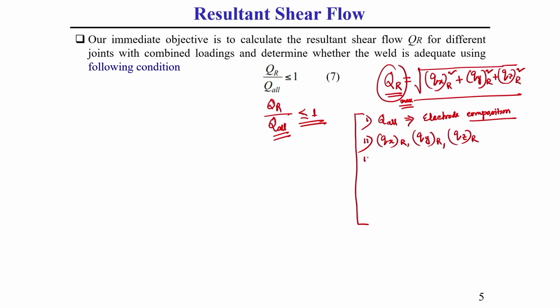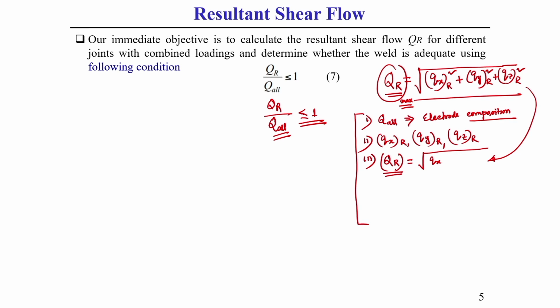Then the third point is you need to find out the resultant shear flow by the equation, which I have already written here. So, I am not writing it again. Always keep in mind, this QR should be the maximum resultant shear flow of that weld. Whatever the number of welds there are for that structure, the resultant shear flow should be the maximum shear flow.